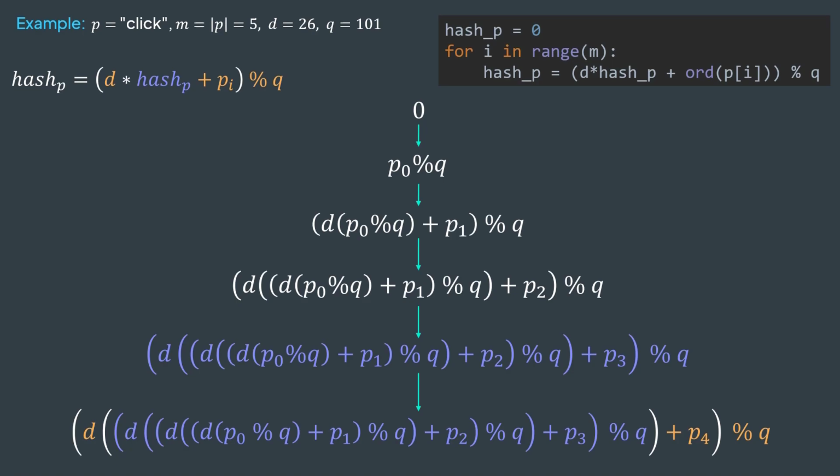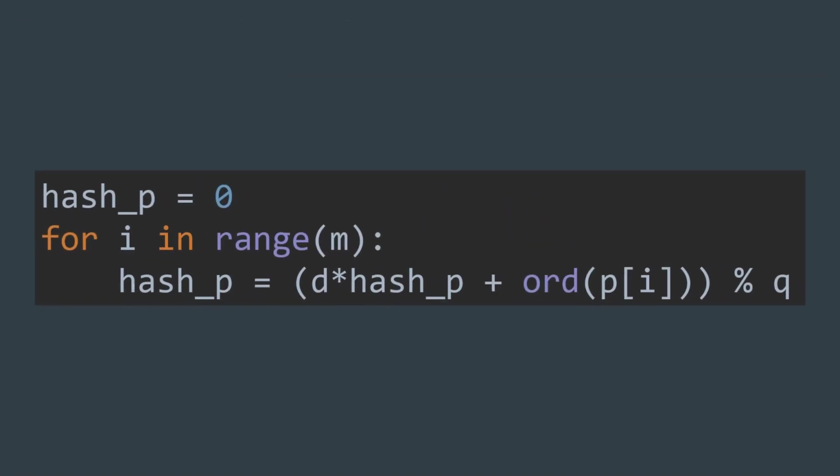And if you noticed, what we did here is that hash p started at 0, then for each character, hash p became d times hash p plus pi, all that modulo q. And this is why we could avoid overflow, by turning our sum into a sequence of safer operations. We can even define our hash function as a recursive function.